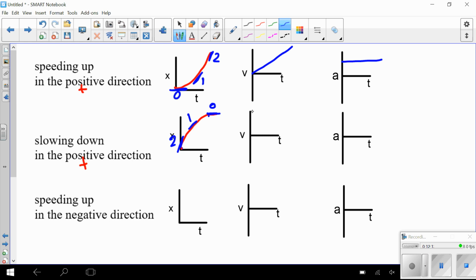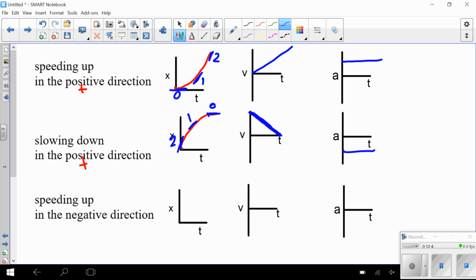I would start maybe at some positive number and go toward 0. Now, if I have a velocity graph, and this should be a straight line, I realize it looks a little curved, but that's not intentional. The slope of this is negative and constant, and so my acceleration is negative and constant.